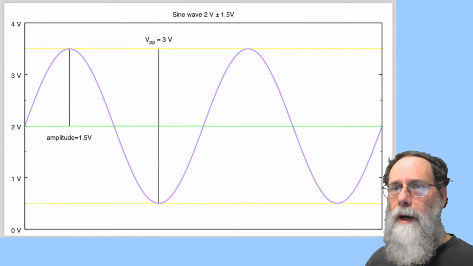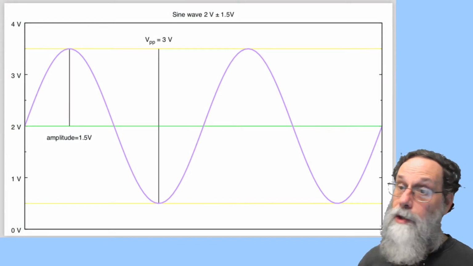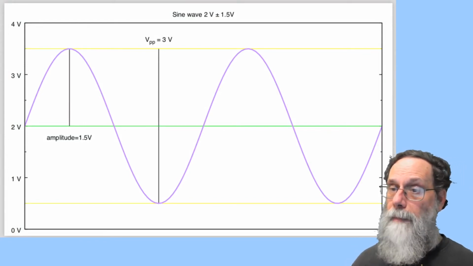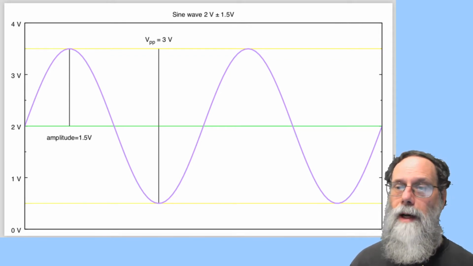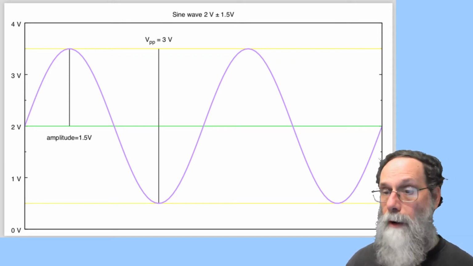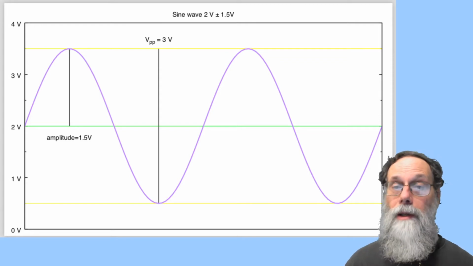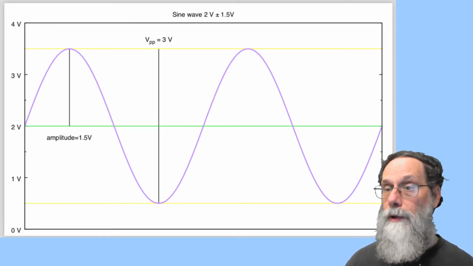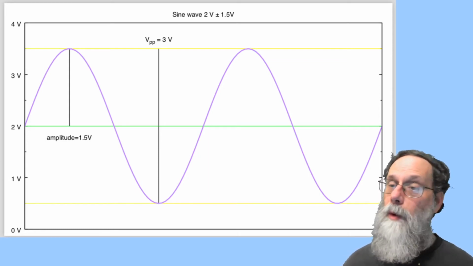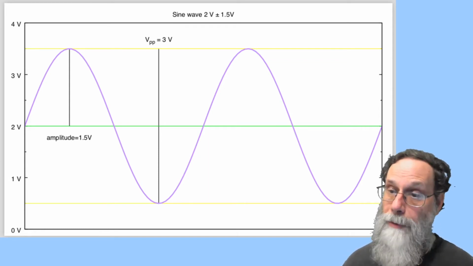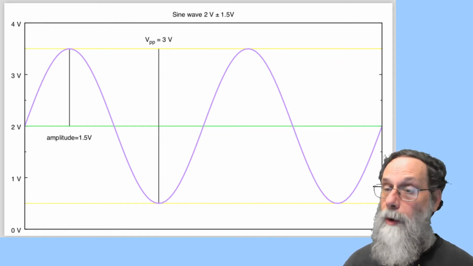All right, what I've got here is a signal that's got a 2-volt DC offset, and that DC portion of the signal is often referred to as an offset, sometimes as a bias. So a 2-volt bias or 2-volt offset means that the average is 2 volts. And then I've got plus or minus 1.5 volts from that. So the amplitude is that 1.5 volts.